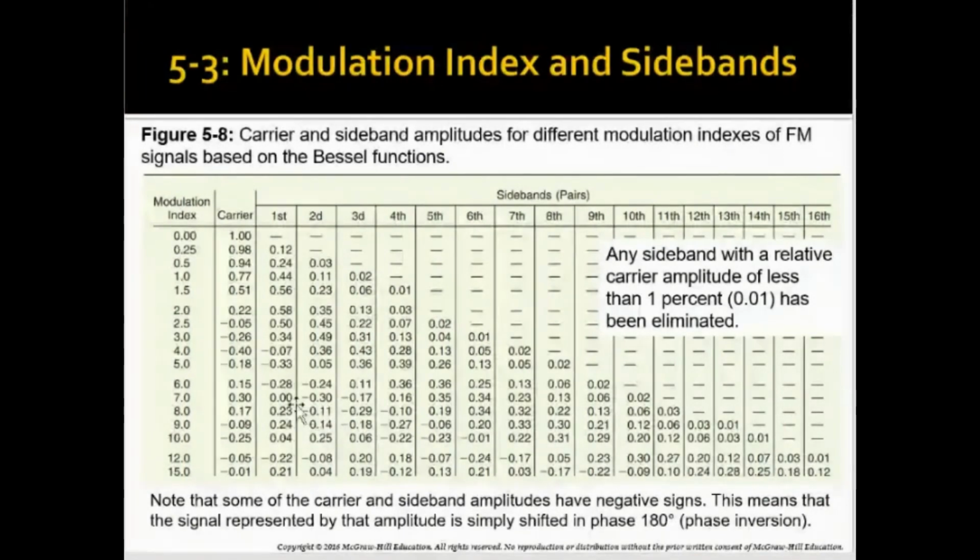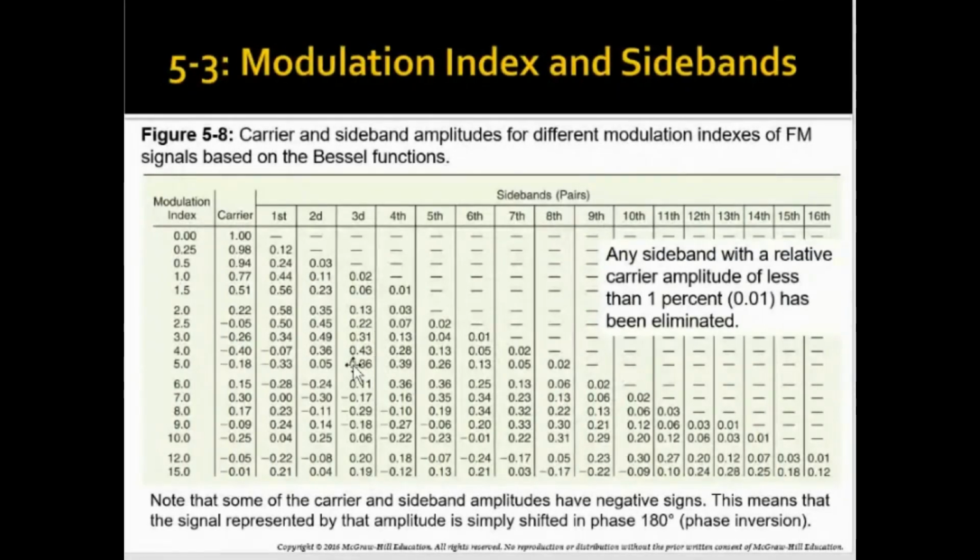You look here, for example, they are negative in either the carrier or the sidebands. This means that the signal represented by that amplitude is simply shifted in phase by 180 degrees.